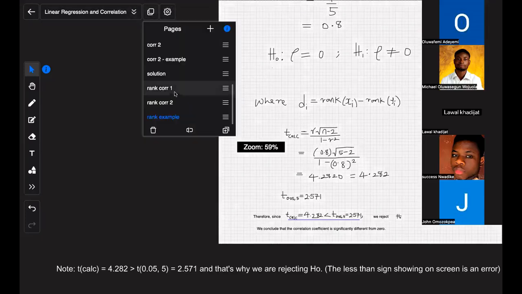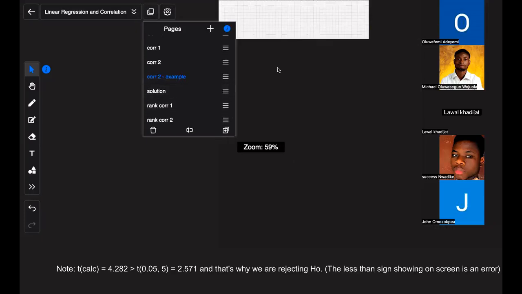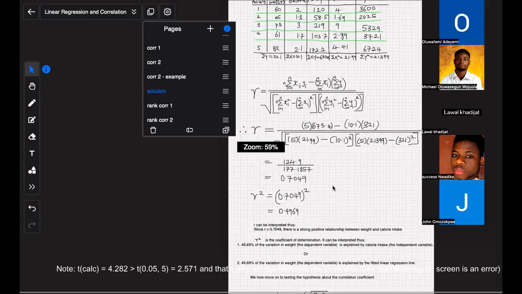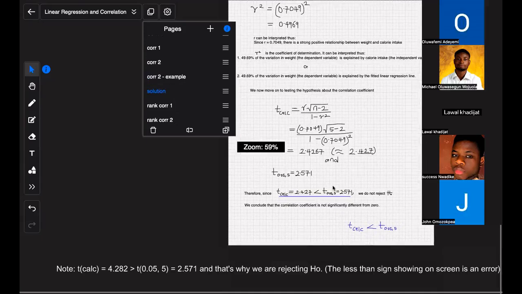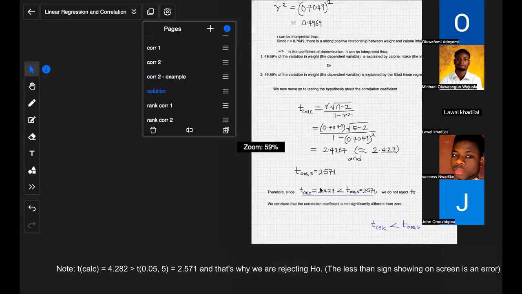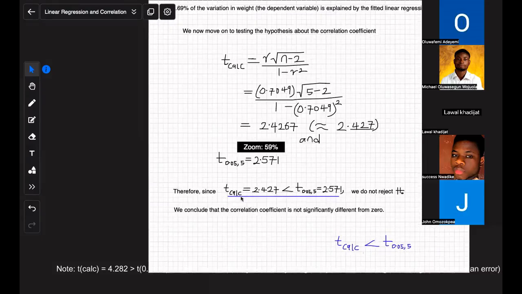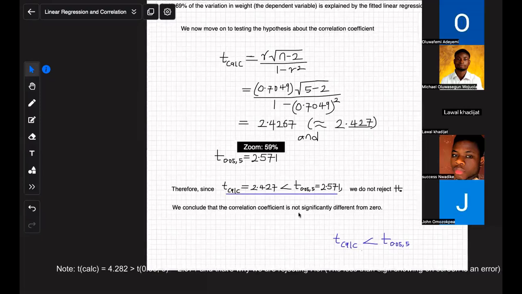The last one we did, when we considered the correlation coefficient, was a different case. What we calculated was less than the table value, so we did not reject H0 and concluded that the correlation coefficient is not significantly different from 0.